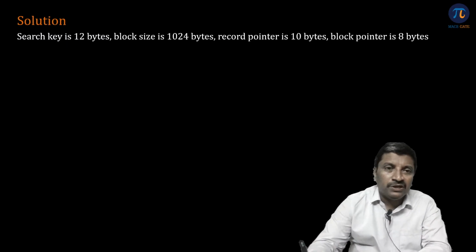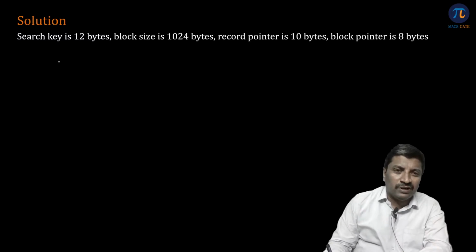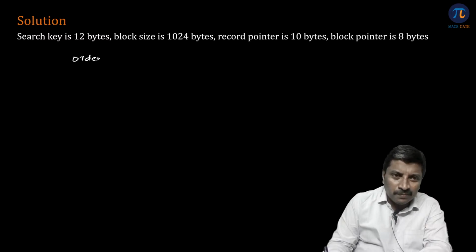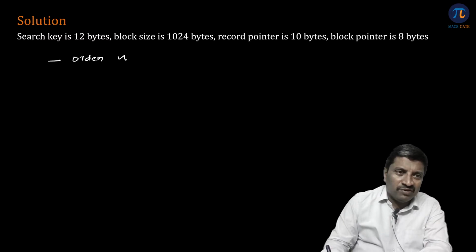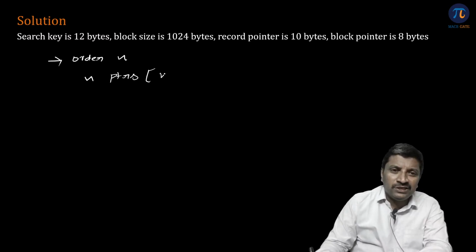Now let us do it. So when coming to the leaf node, as we told, let us assume the order is n. Whenever I assume the order is n, what will happen, sir? It will have n number of pointers. What are these pointers, sir? These pointers are child pointers.